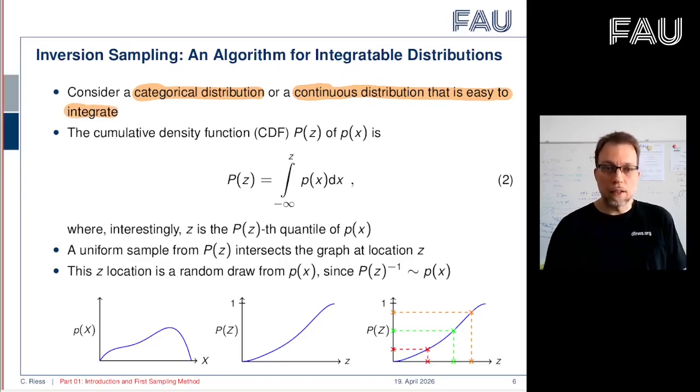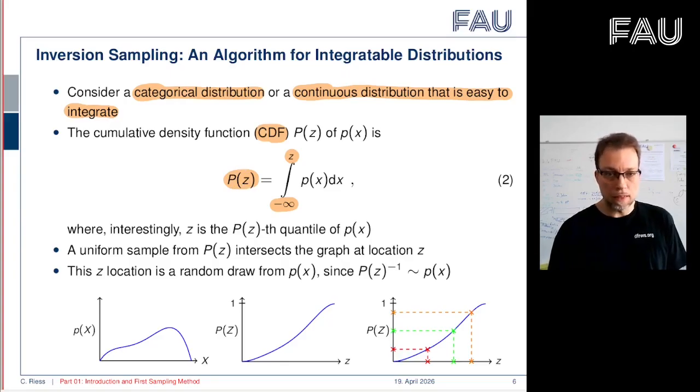Then you can calculate a so-called cumulative density function, CDF, and let's just call this P of z of x. The definition is super simple. We calculate an integral from minus infinity to value z, and this is P of z, over the input probability density function P of x.